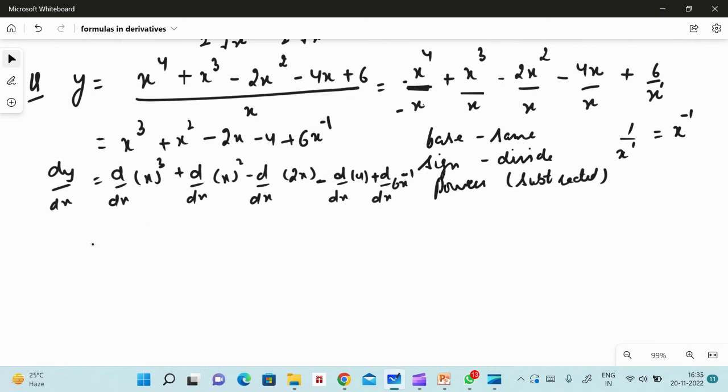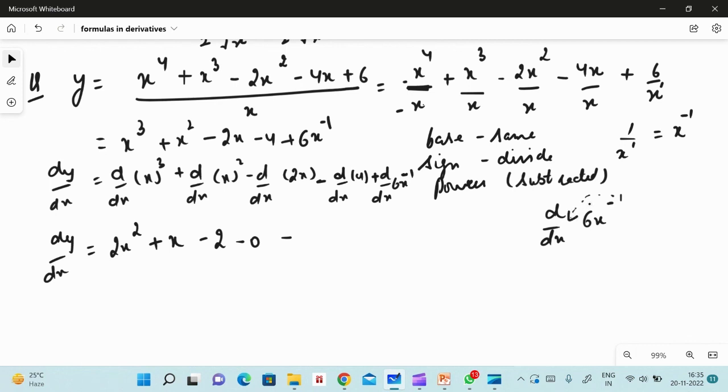Next, when we solve it, I will get d by dx of y: it is 2x square plus x minus 2, minus 4 is a constant, so it gives me 0. Now this is the derivative of 6x power minus 1.